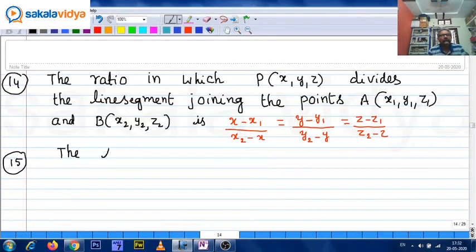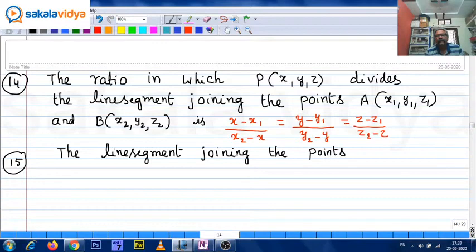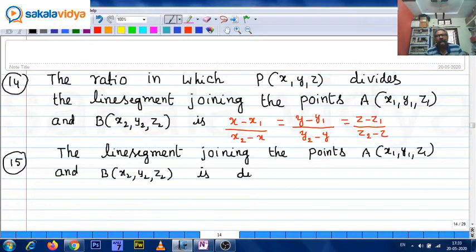The line segment joining the points A x1, y1, z1 and B x2, y2, z2 is divided by the xy plane, not x-axis, xy plane.